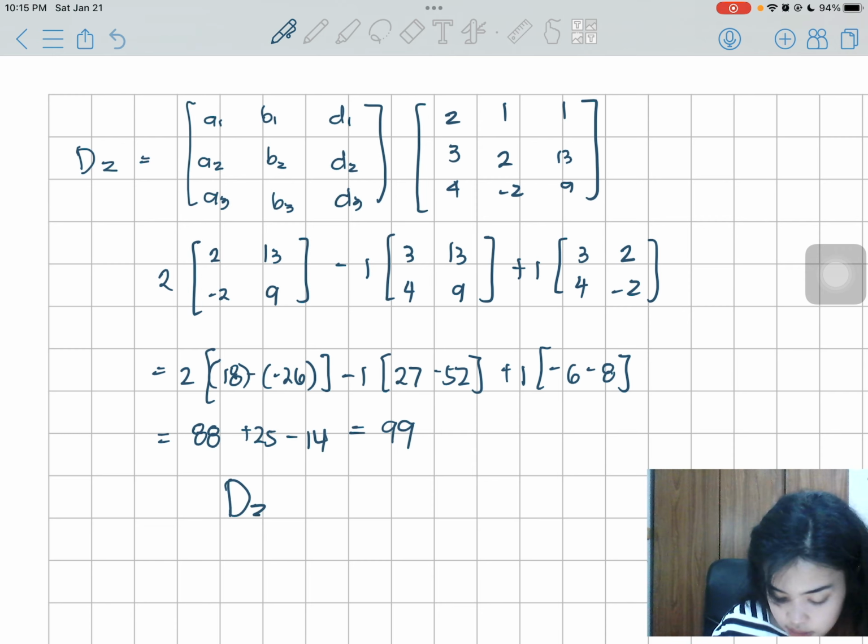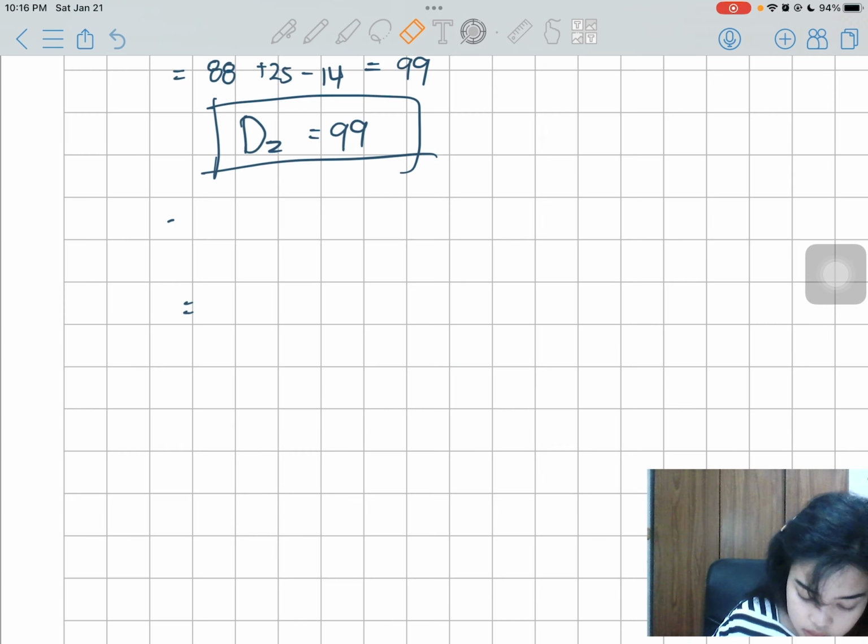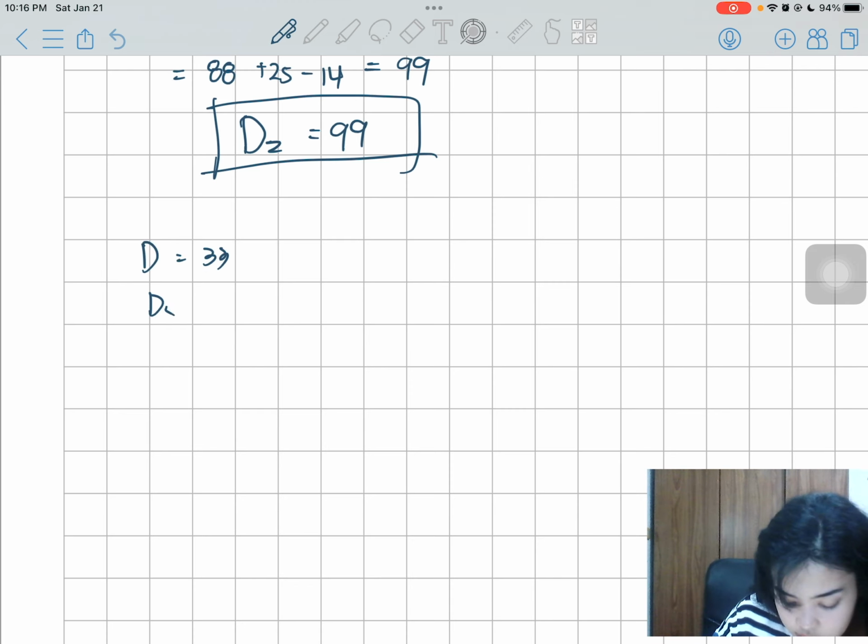So Dz is equal to 99. So we got D equal to 33, Dx equal to 33, Dy equal to 66, and Dz equal to 99.